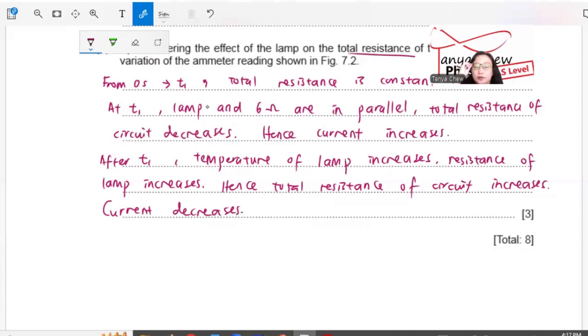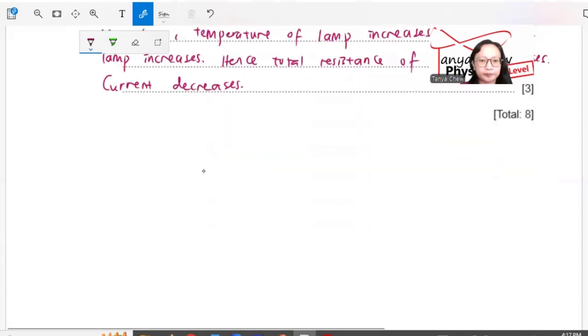So use a lot of increases and decreases, and when you state the resistance, is it about the resistance of the lamp only or the total resistance? So you have to state it clearly.